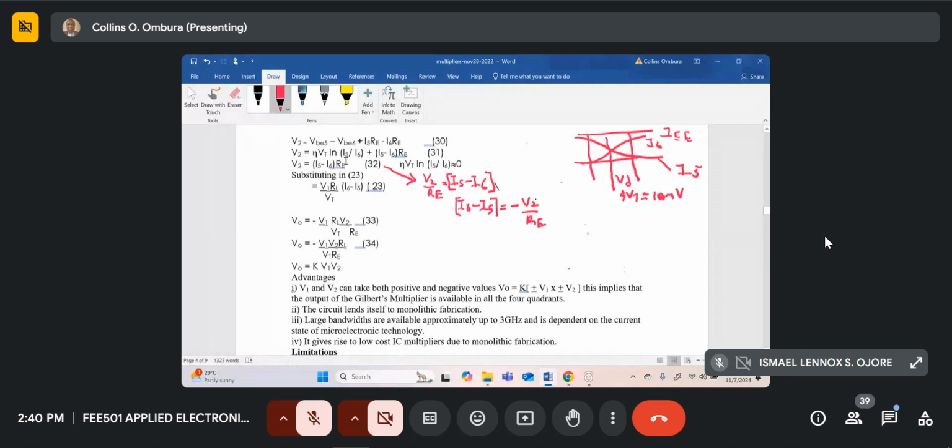Now, what I've drawn over here in this graph is when RE is equal to 0.